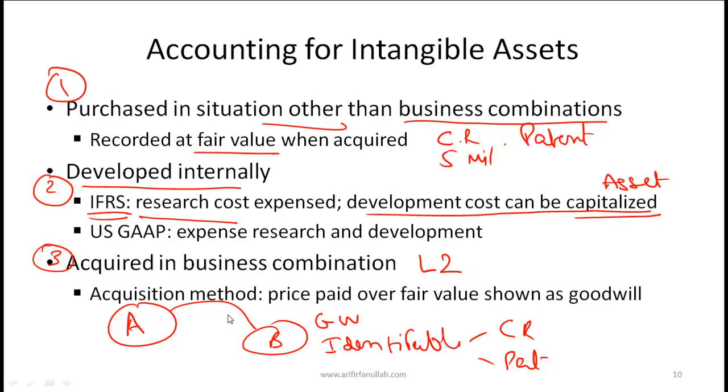In the acquisition method, you show these at fair value, and any price that you pay above the fair value of the identifiable assets, be they tangible or intangible, is shown as goodwill.